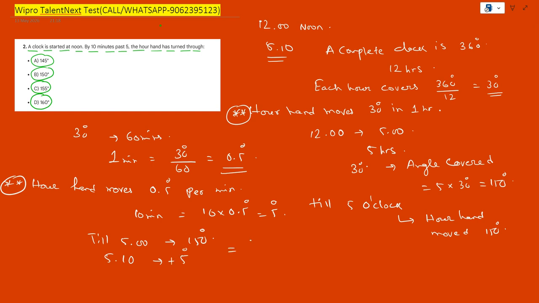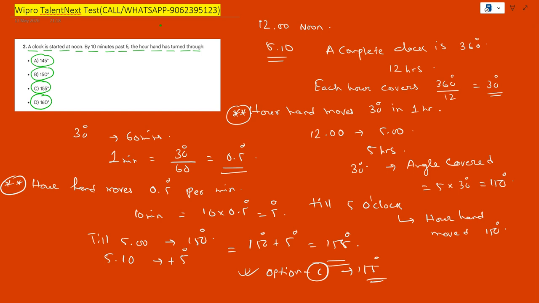So this total will be 150 degree plus 5 degree, that is 155 degrees. So answer will be option number C, 155 degrees.